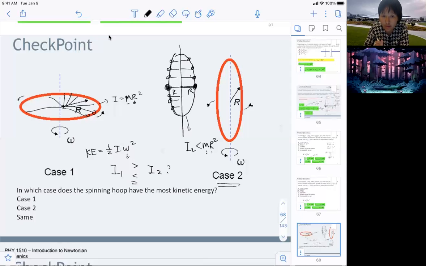Only some of the masses are at capital R. If you rotate it perpendicularly like this, only here and here is at r, but anywhere above or below is smaller than r. So you can see that case 2, rotating a ring standing up, is actually easier because it has a smaller rotational inertia. I1 is larger than I2. So the case in which the spinning ring has the most kinetic energy will be case 1.